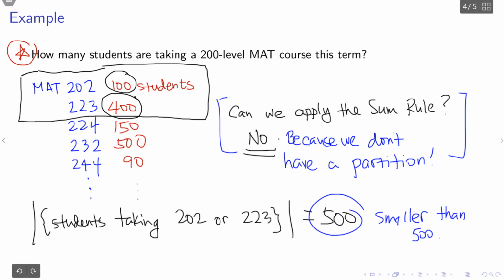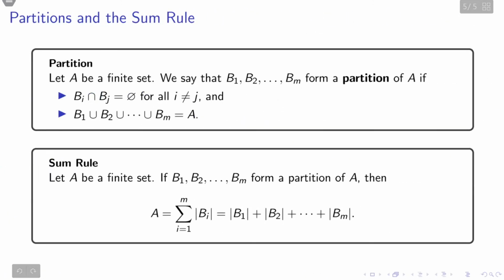This is why checking that you have a partition into disjoint sets is very important before you can even start adding numbers up to apply the sum rule. Right? And so just to review, what is a partition? Well, if you have a finite set A, we say that B1 to Bm form a partition if two things are satisfied. Number one, all these sets are disjoint.